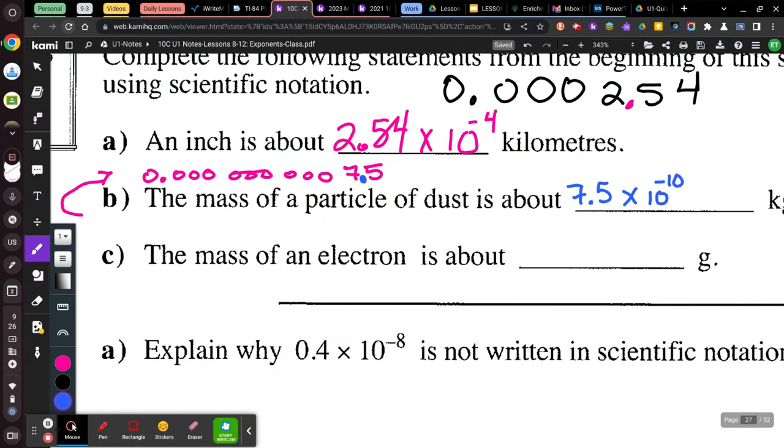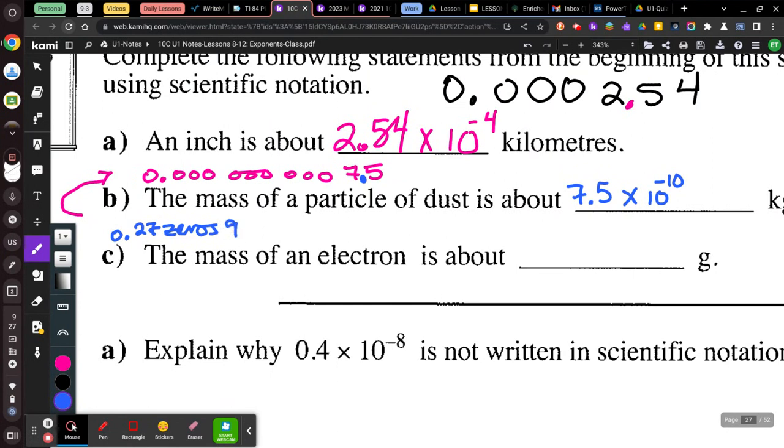Okay. The mass of an electron. Okay, our electron. This one is huge, and I'm not going to draw it all. It showed it on the previous page in the previous lesson. There are 27 zeros. So this number goes 0 point, and then you've got 27 zeros, and then the number 9.